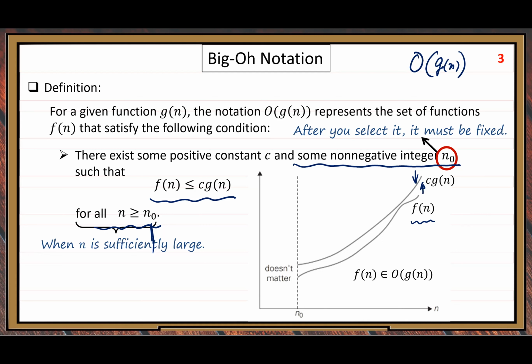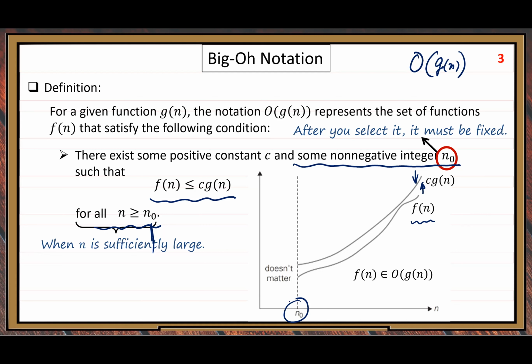Until the graph of this curve is above the curve of f of n. But remember this vertical line, n0. At the left-hand side of this vertical line, we don't worry about which curve is higher, which curve is lower. It doesn't matter.